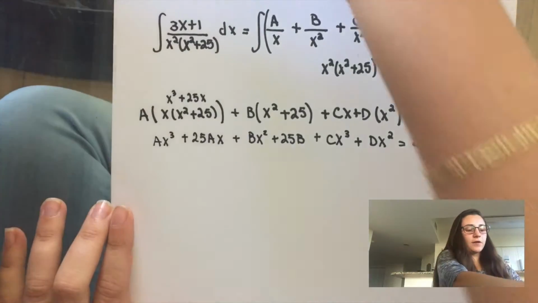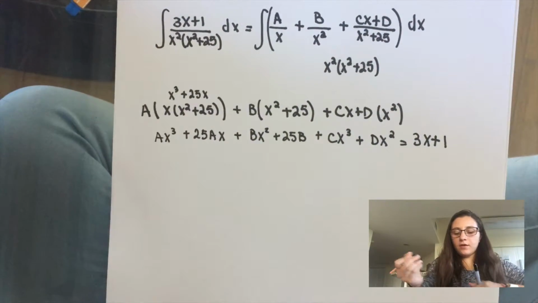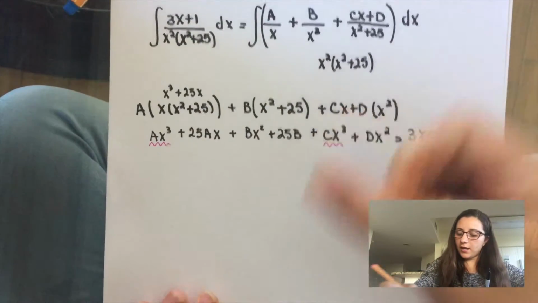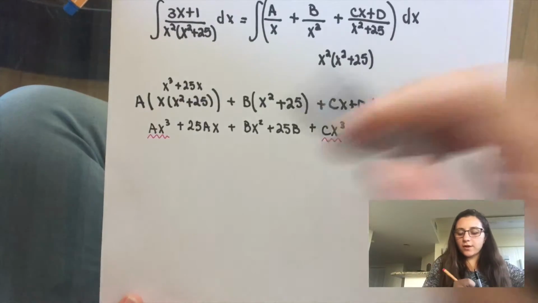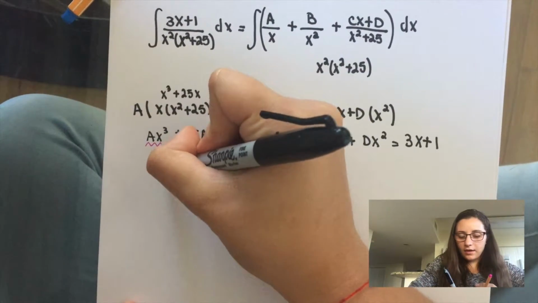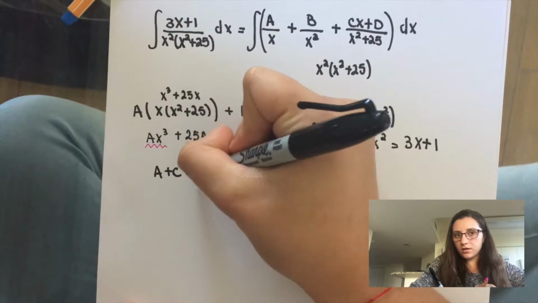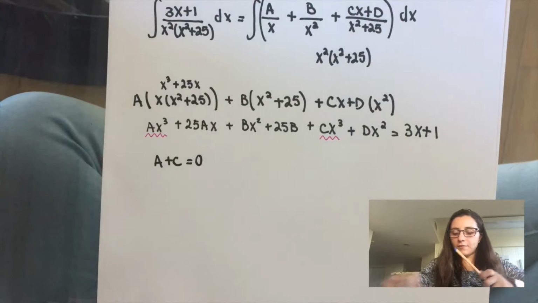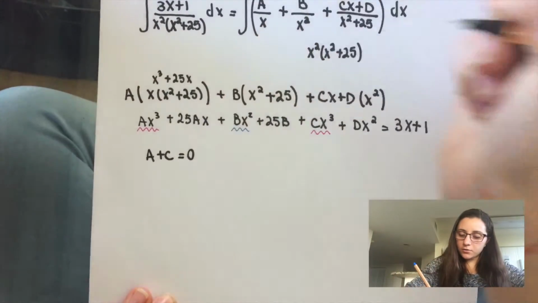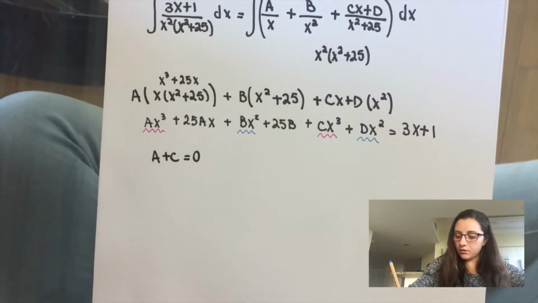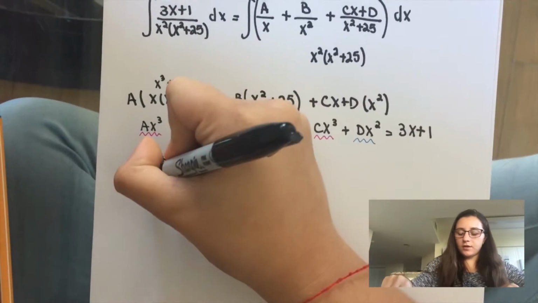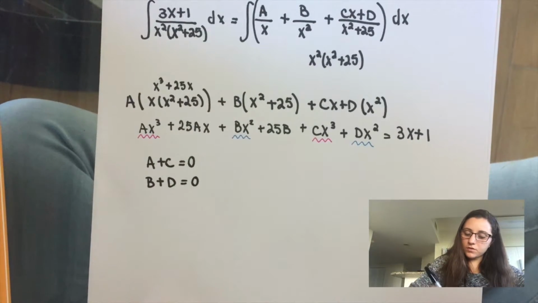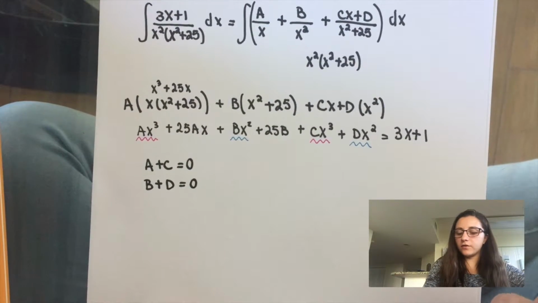So I'm going to go ahead and grab some colors and underline my x to the third powers, which are A and C. So we're going to have that A plus C is equal to 0. And then for my x squared, I have a B and I have a D. So I'm going to have B plus D equals 0 as well, because we don't have an x squared term.